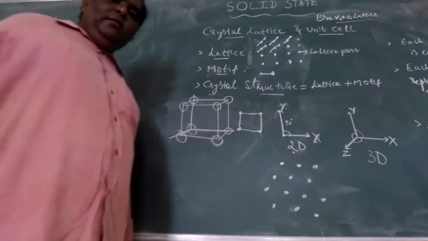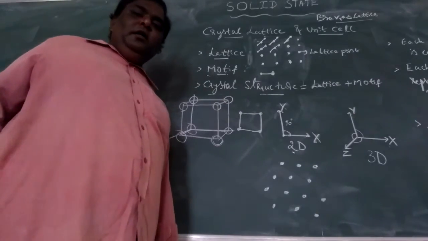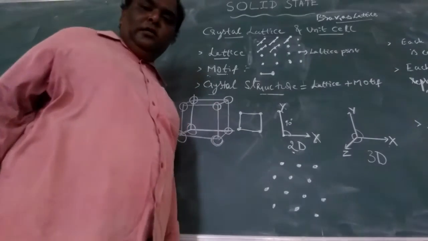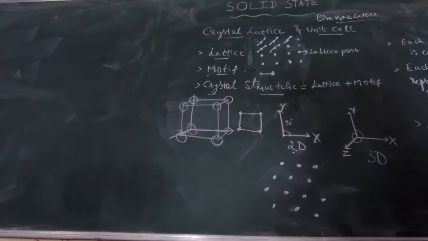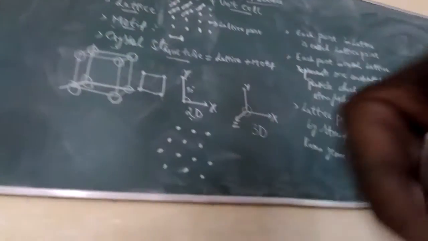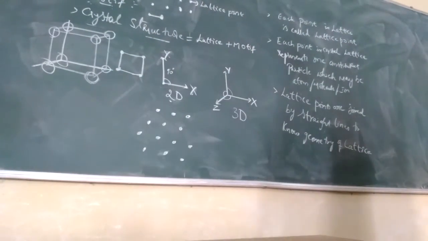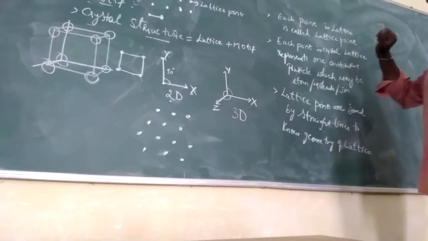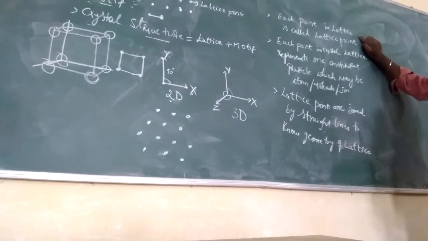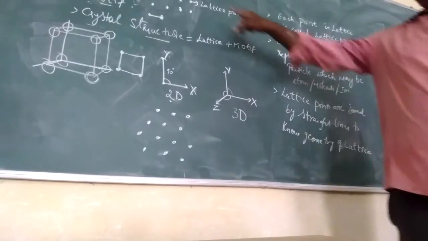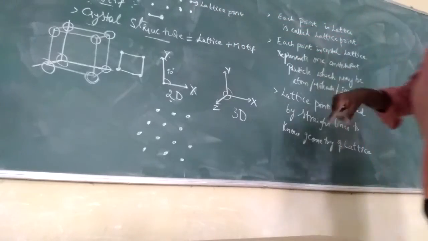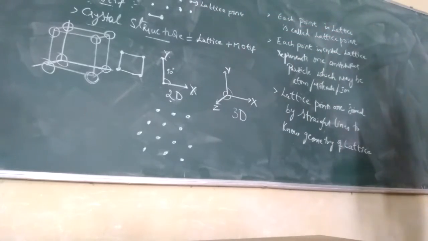The characteristics of these crystalline lattices are: each point in a lattice is called a lattice point.